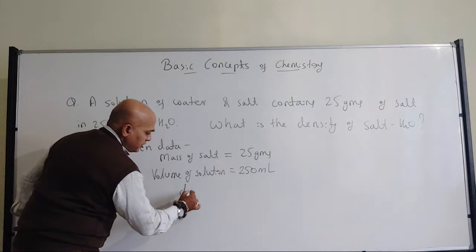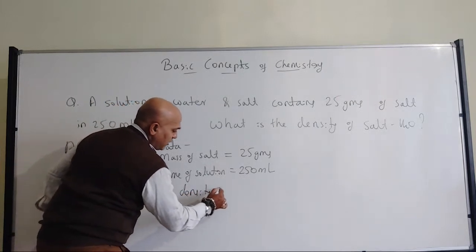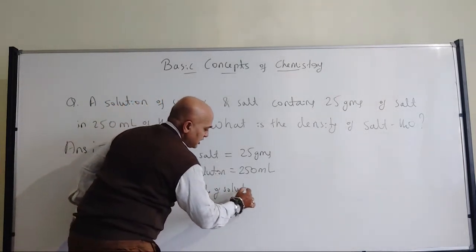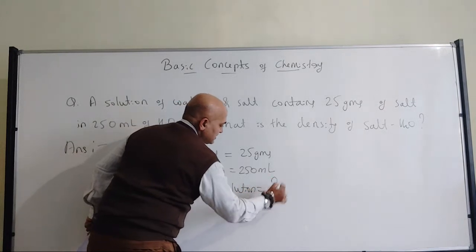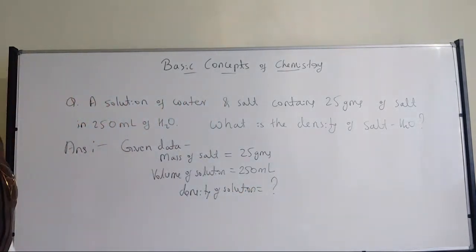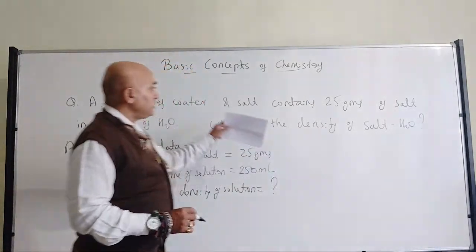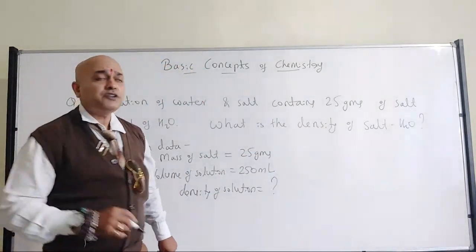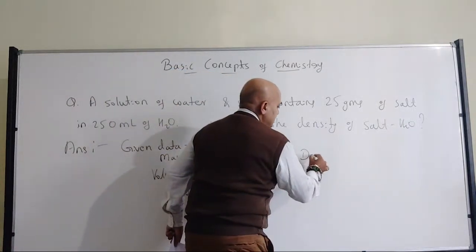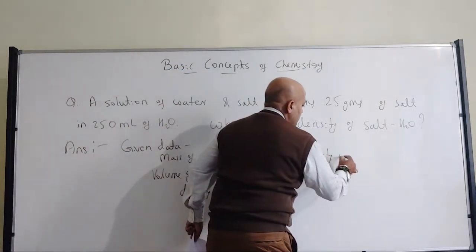We have to find out the density of the solution. Now, the information which we know, it might not be given here, but what we know here is the density of water.